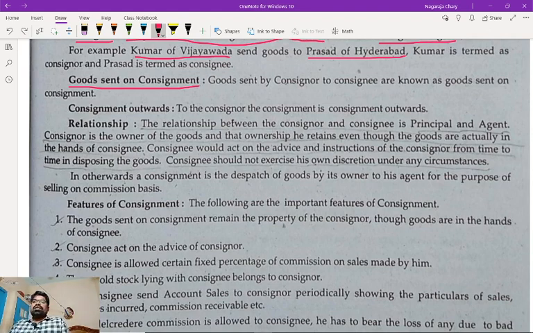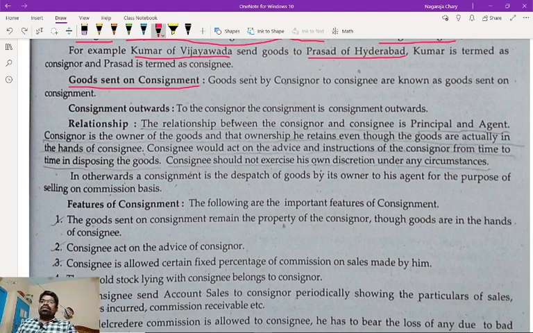So there is no liberty to take decisions for the consignee. The consignee has to act on decisions taken by the consignor. That is the relationship between principal and agent, or consignor and consignee.